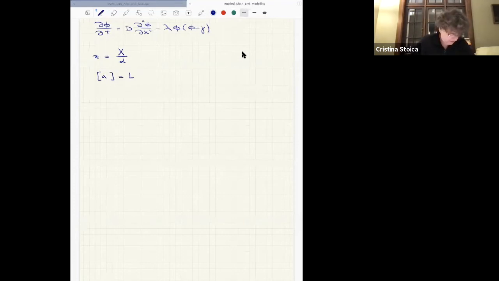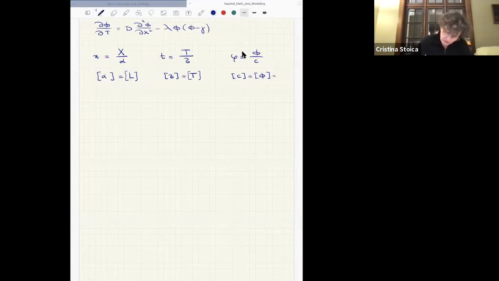Then we're going to introduce an adimensional time. Again, this tau has dimension of time. And then little phi will be phi over c, with little c having the dimensions of phi, which in this case is L to the minus 3.